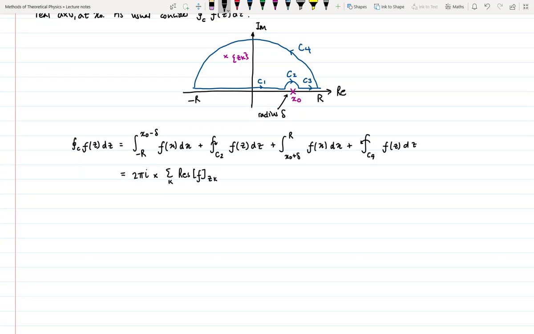Okay, how do we tackle these contributions? First of all, let's look at the detour integral along C2. Consider what we've called the detour integral about x naught. I'll also note that we assume, as I mentioned earlier, that x naught is a simple pole.